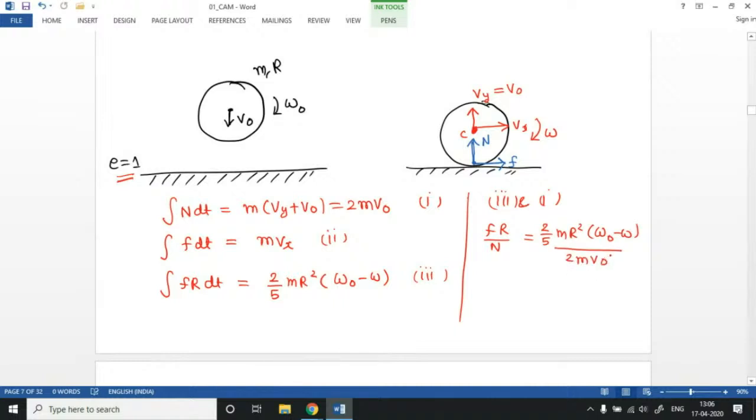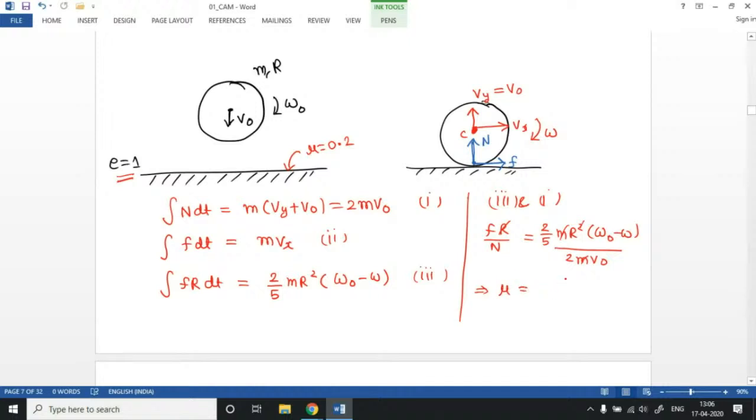The r will get cancelled, and the m will also get cancelled. And f by n, let's say the coefficient of friction is, for instance, mu equal to 0.2, so f by n will be simply mu. So you can write this relationship.